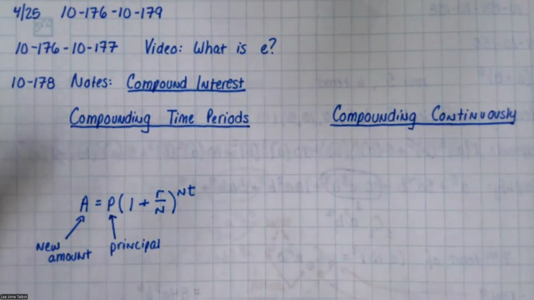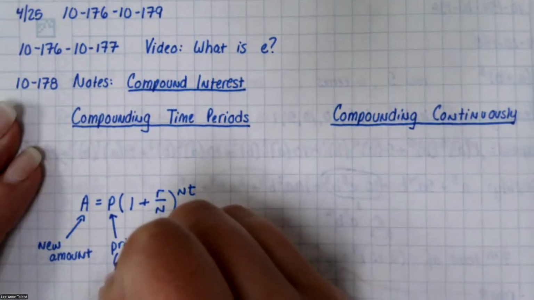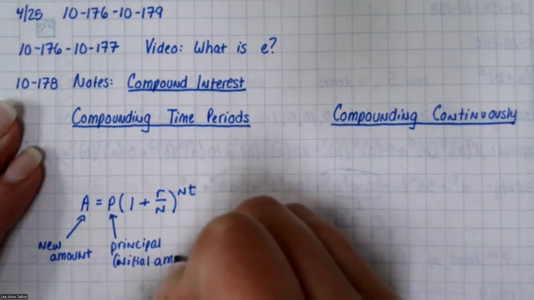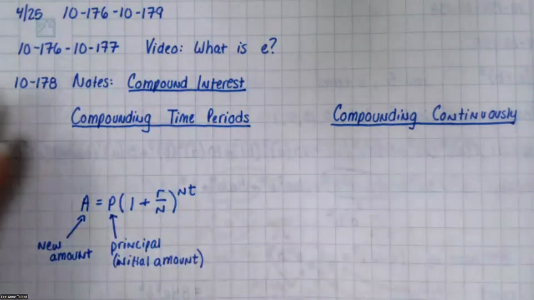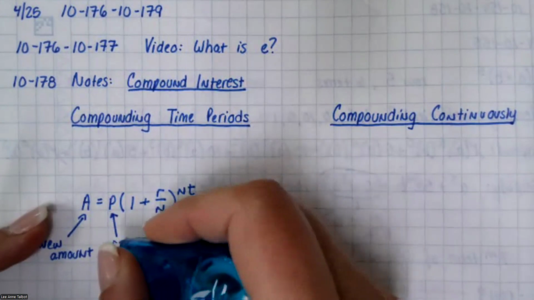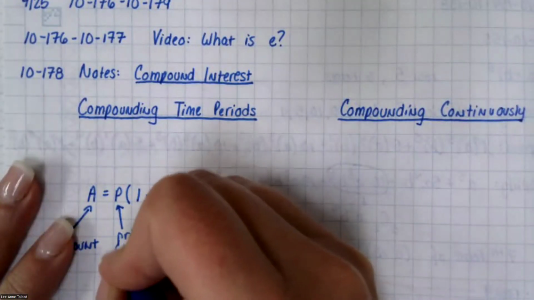The principal in banking language means your initial amount. So if you see that word principal being used in a money context, that means the initial amount that was put in the bank.